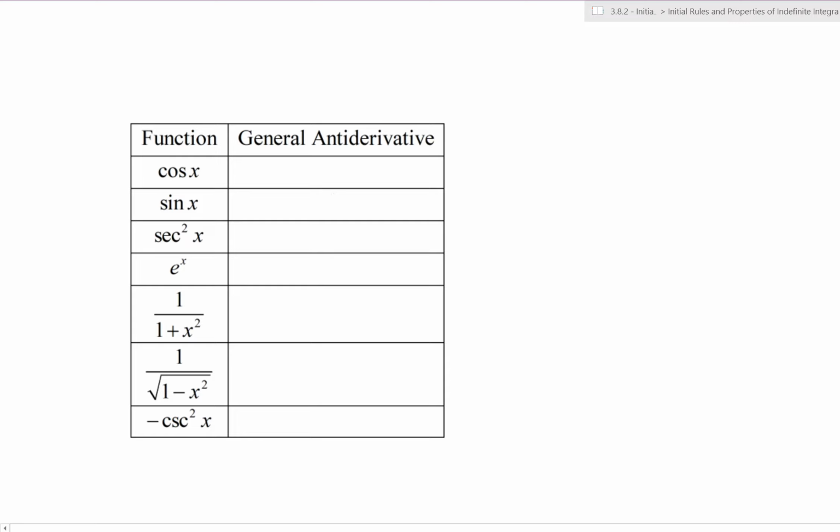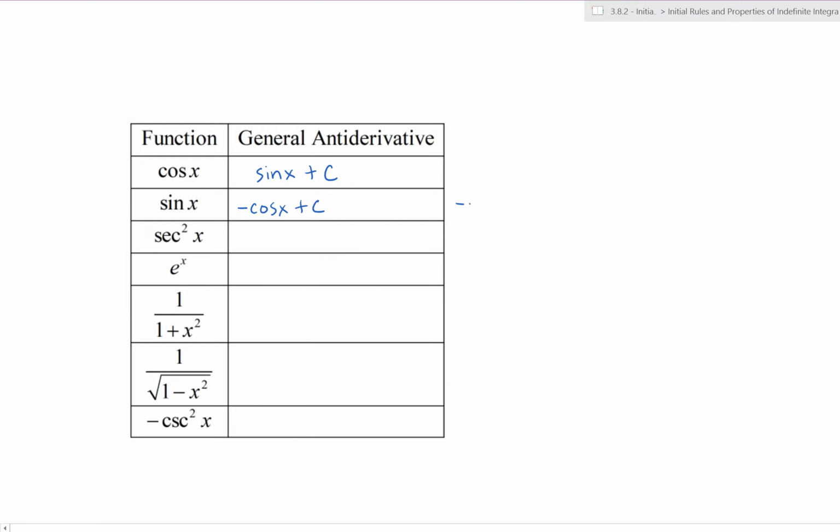Which function has a derivative that is a cosine of x? That would be the sine x function, but don't forget that plus c, that constant there, right? So that one, fairly straightforward, but how about if we were given sine of x? What would its general antiderivative be? Well, in this case, it would actually be a negative cosine of x plus a constant.